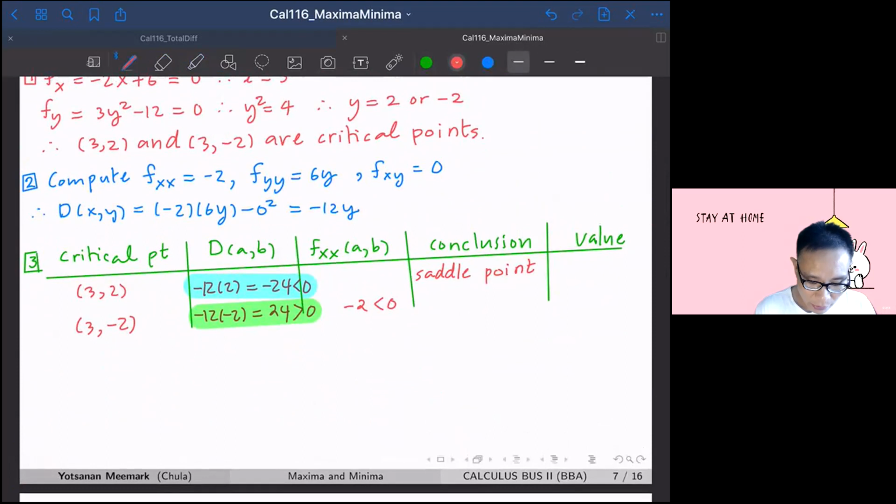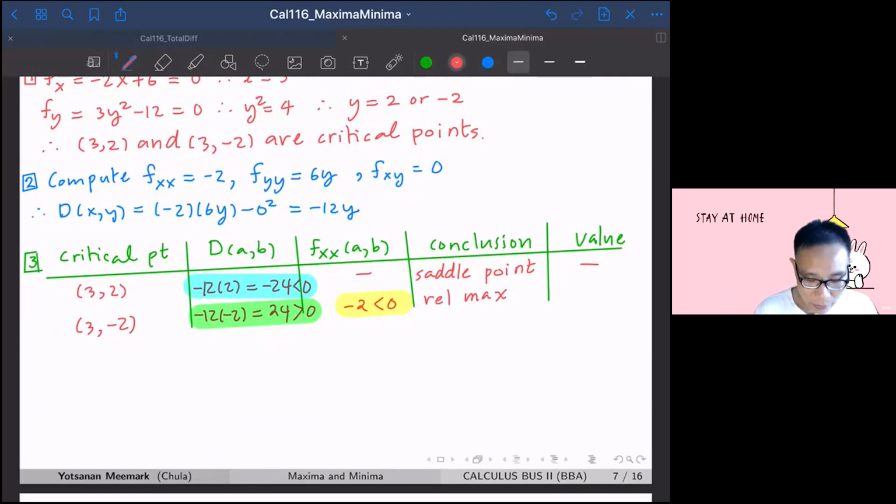And if D is positive and fxx is negative, this one will be a relative maximum. When you have a saddle point, you don't need the value, because it's not going to give you a peak at all.